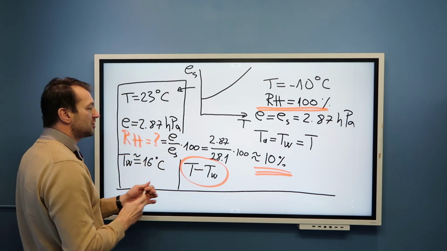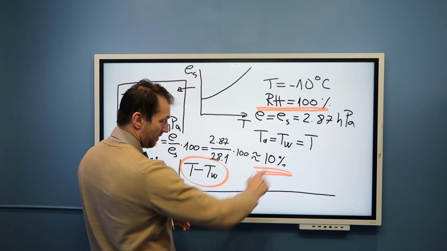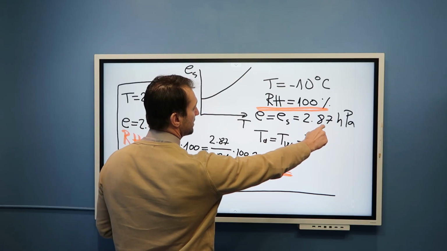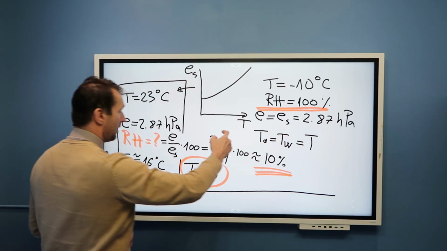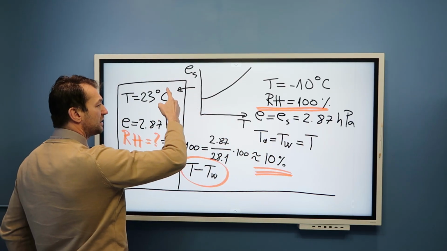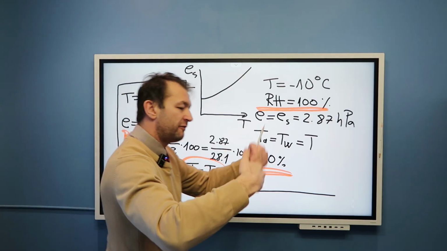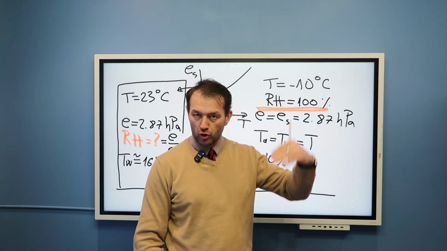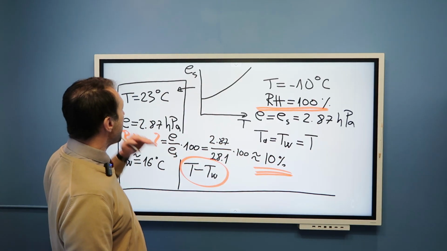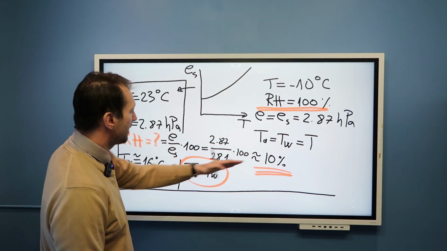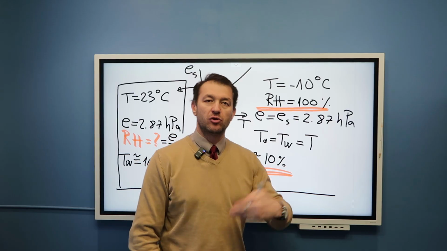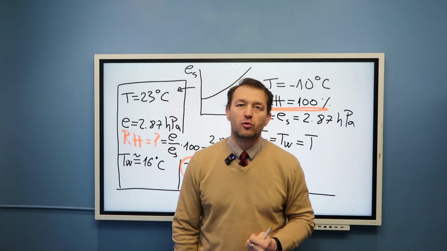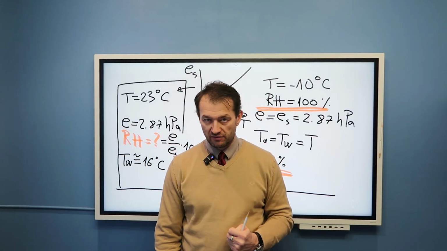And in that case, you increase relative humidity because you don't come in with only 2.87 hectopascals. In other words, you come in with 2.87 hectopascals, but you artificially, through moisturizer or some bucket of water that is evaporating, add more water vapor to the air, increasing relative humidity, and you will feel more comfortable in such an environment.